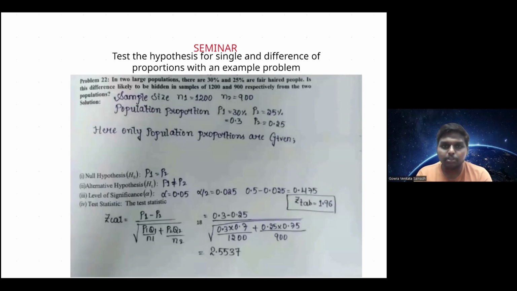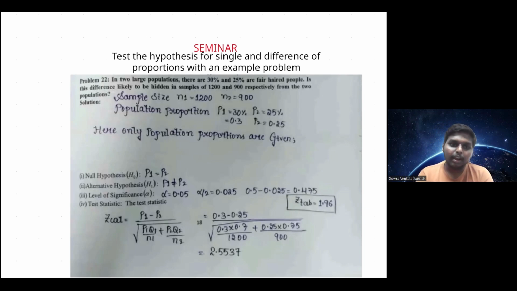The first proportion is given as 30% and the second proportion is given as 25%. So here there are two proportions, so we can take it as the difference of proportions, and the 30% is taken as 0.3 and P2 is taken as 0.25. So here we know P1 and P2.